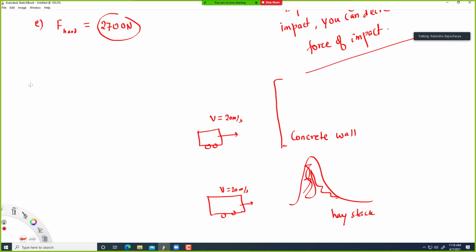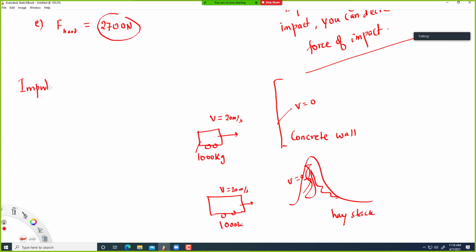Let's say your car has a mass of 1,000 kilograms. The purpose here is to stop your car. No matter which one you use, the final speed would be 0. So we want to stop the car by applying some impulse.